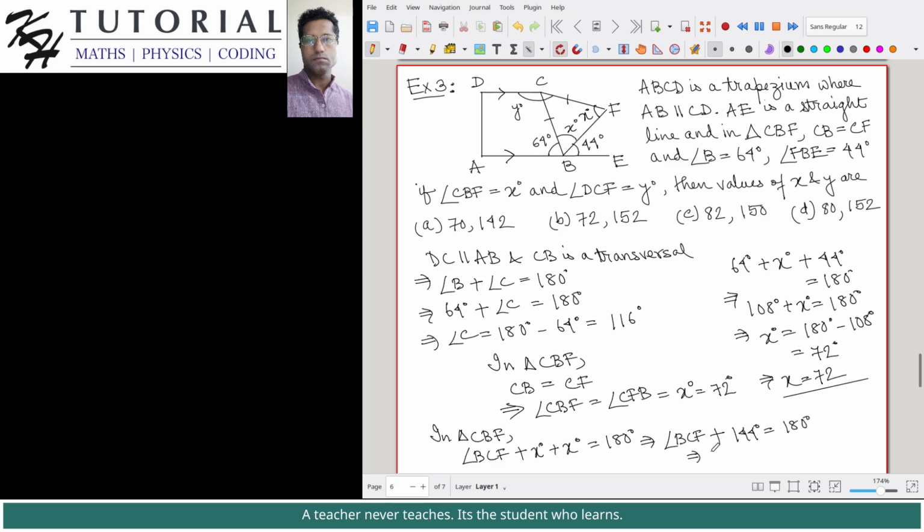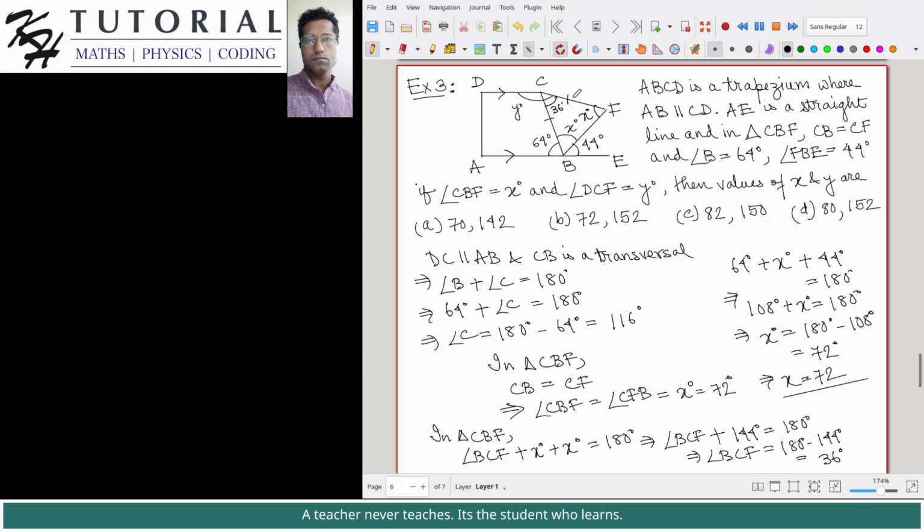So this implies angle BCF is equal to 180 degrees minus 144 degrees, which is equal to 36 degrees. So angle BCF is 36 degrees.